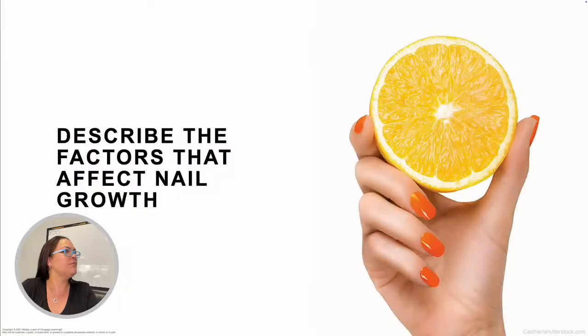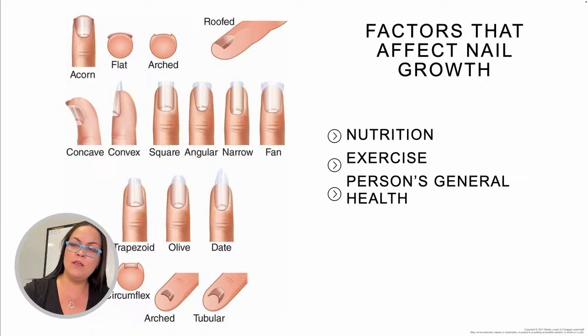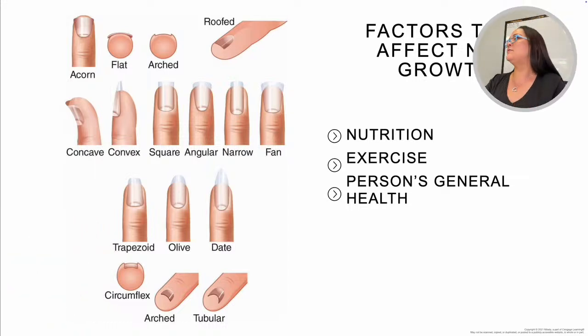Now, let's talk about things that affect the growth of your nail. If you look at this picture, I guarantee you some of y'all have seen or have nails that look like this. And how do they end up shaped like this? What did I tell you guys? Your client's matrix is the reason why their nail is shaped like this.